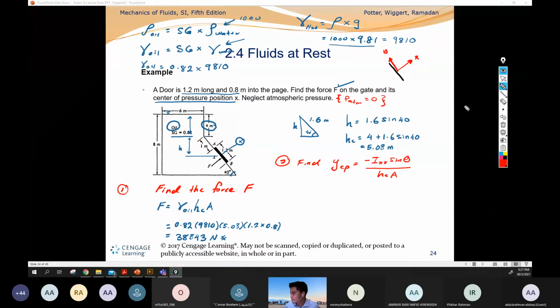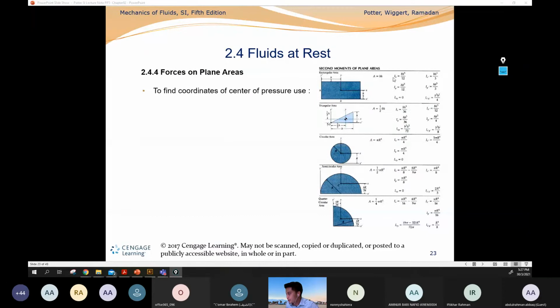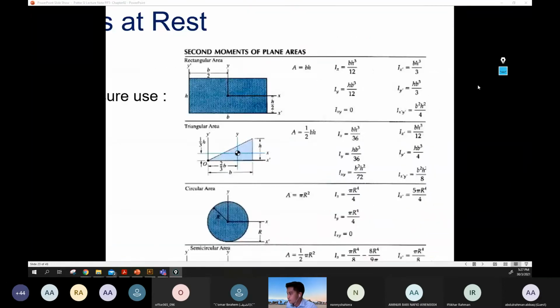So from here, when you refer to this table, can you see IXX refers to BH cube over 12. So B, is the B parallel to the X axis? Okay, this is your X and this is Y. So now you focus on your Y axis because your Y is parallel to the plane, right?